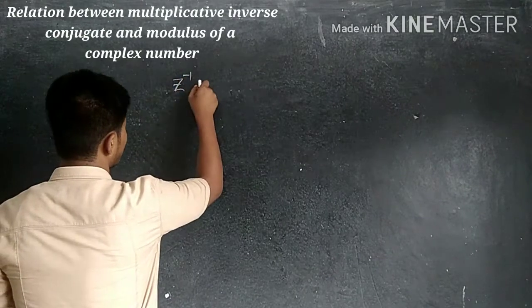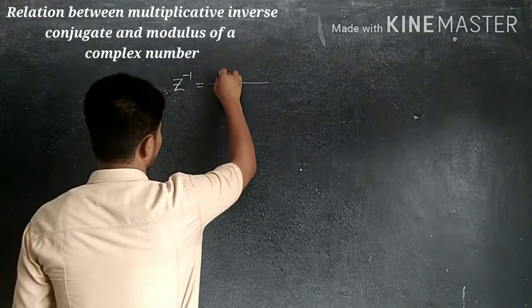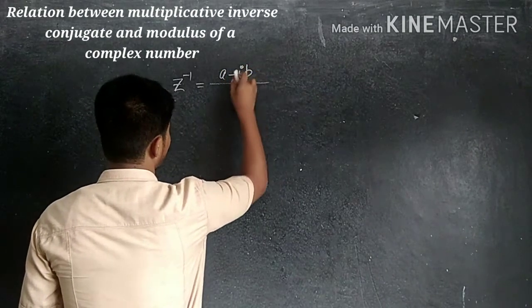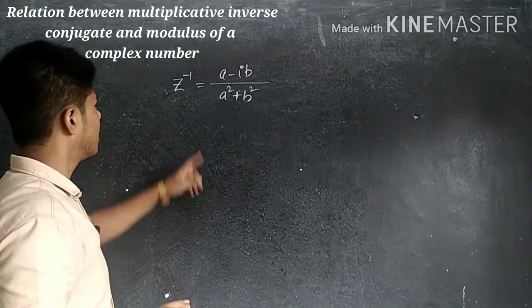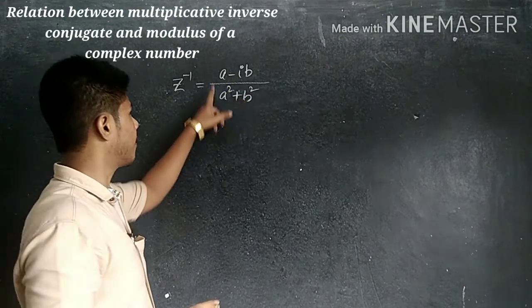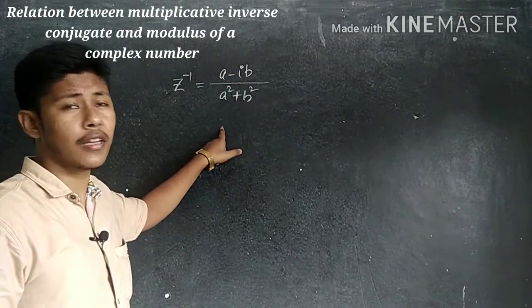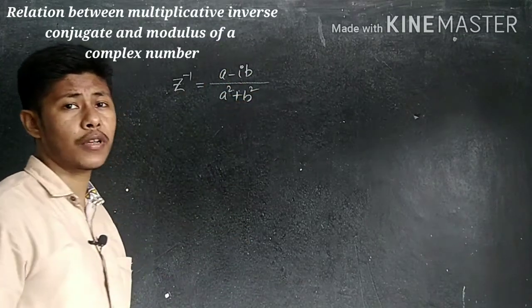So from the earlier result we can write z inverse equal to a minus ib divided by a square plus b square. You see, we get 1 by a plus ib, then after multiplying by the conjugate we get this type of result. So directly z inverse equals a minus ib divided by a square plus b square.